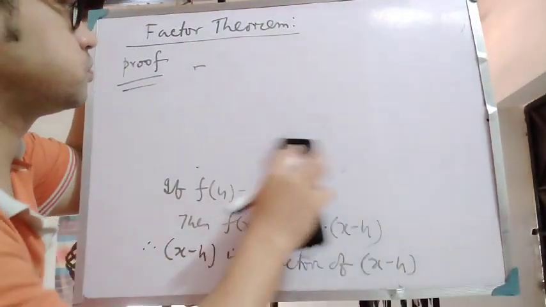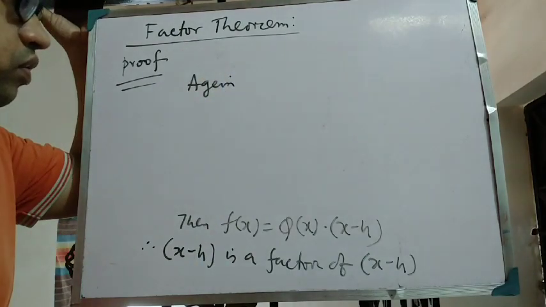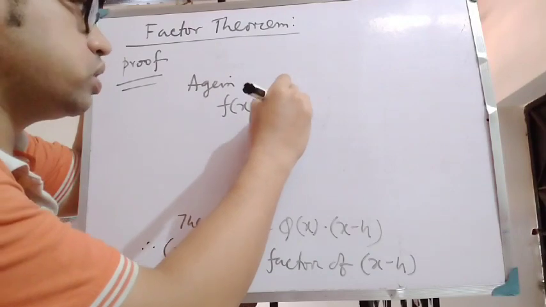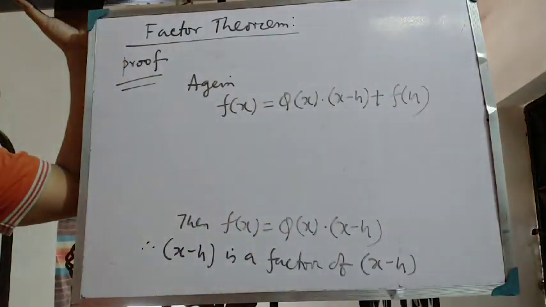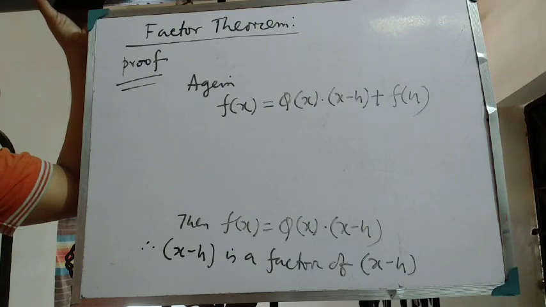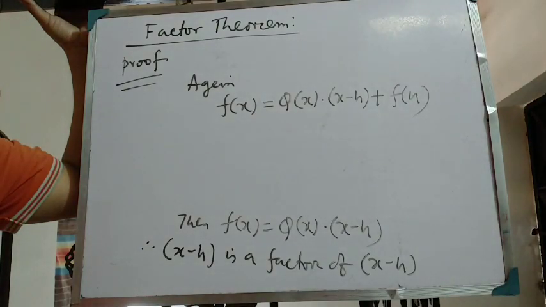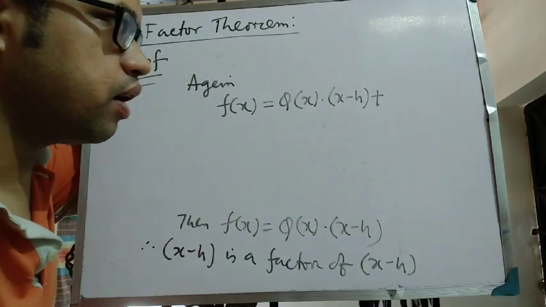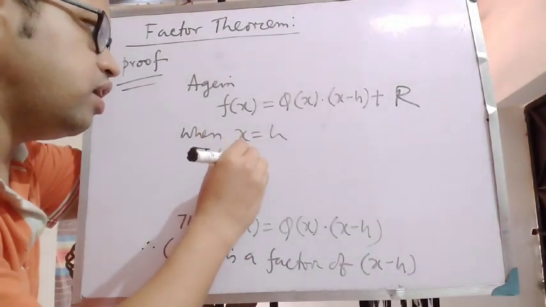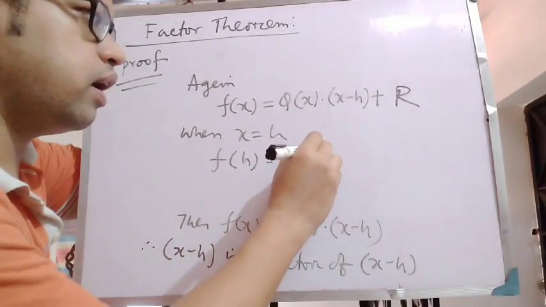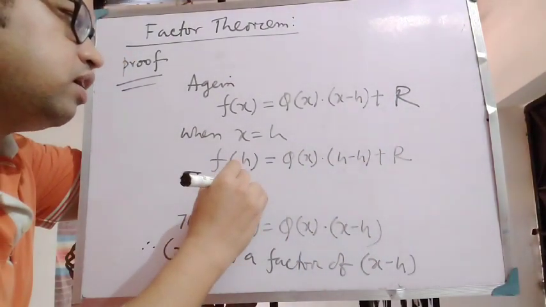Again, f(x) equals q(x) into (x minus h) plus f(h). When x equals h, the remainder is f(h).